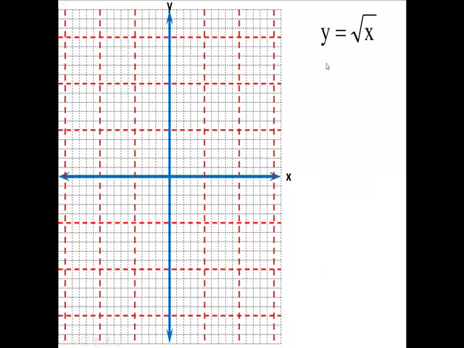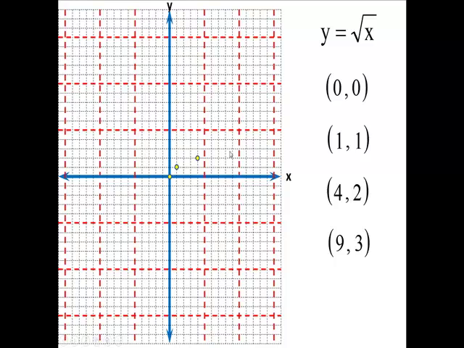We have one more parent function to look at, a basic model. When x is 0, the non-negative square root of 0 is 0. So 0, 0. When x is 1, the square root of 1 is 1, right there. When x is 4, the non-negative square root of 4 is 2. Go over 4 and up 2. And 9, the square root of 9 is 3.